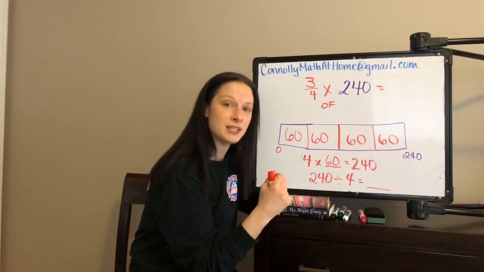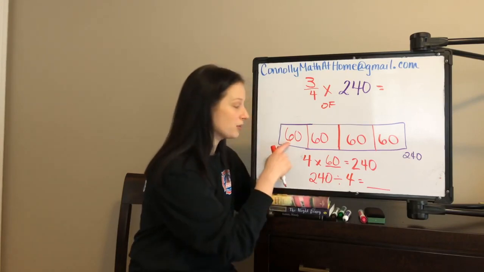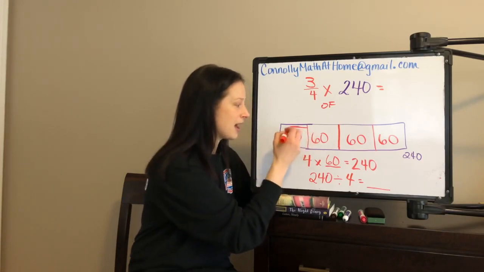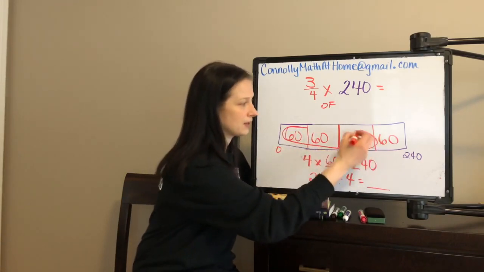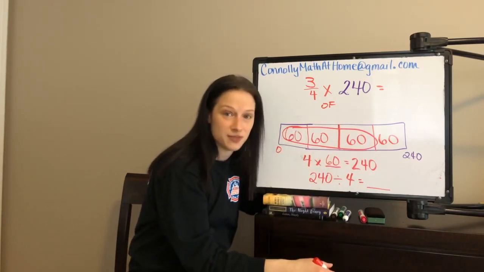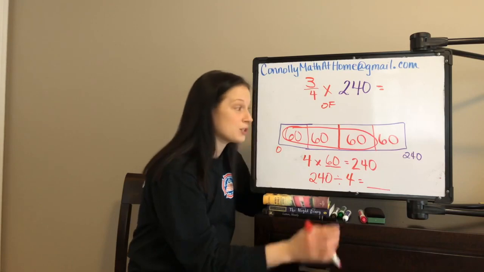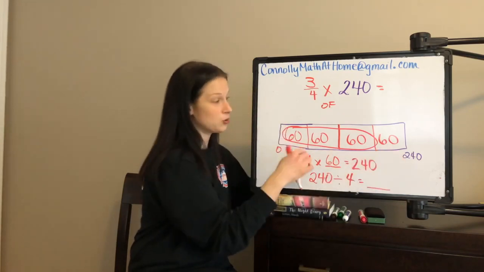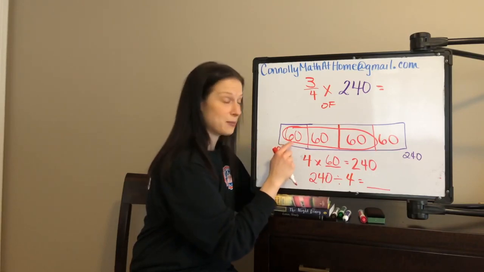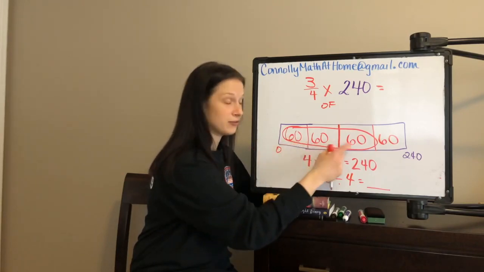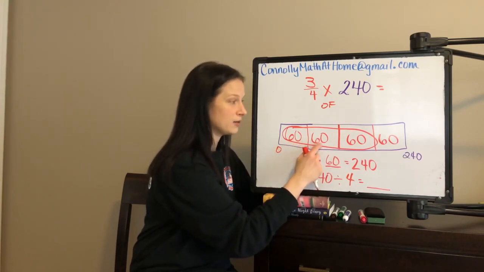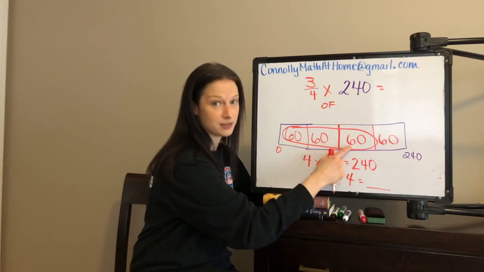Well, I'm going to use my representation to help me. If I know that 1/4 is 60 miles, I know that 3/4 is 3 groups of 60 miles. Okay, so after I've divided 240 into fourths, then I'm going to gather my 3/4, and that would be 60, 120, 180 miles.